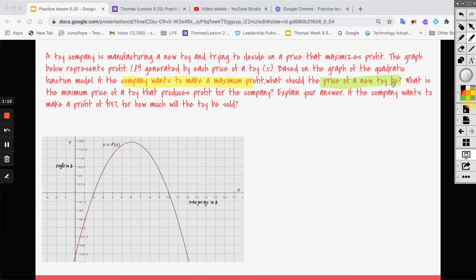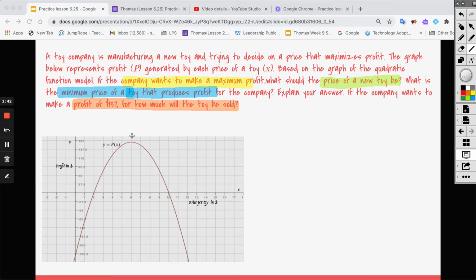They also want to figure out what's the minimum price that produces profit. And then also, if the company wants to make a profit of $137, how much should the toy be sold for? All right, so let's go with this.